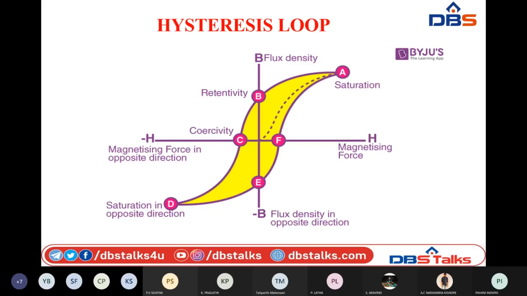If we again increase the magnetizing force in order to magnetize the material once more, the magnetic flux density will increase exponentially, and at point E, when H becomes 0, it will again retain some amount of magnetism.